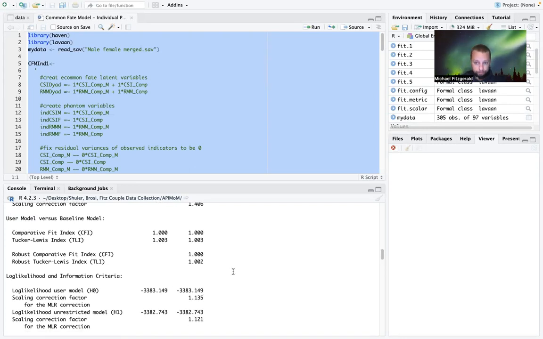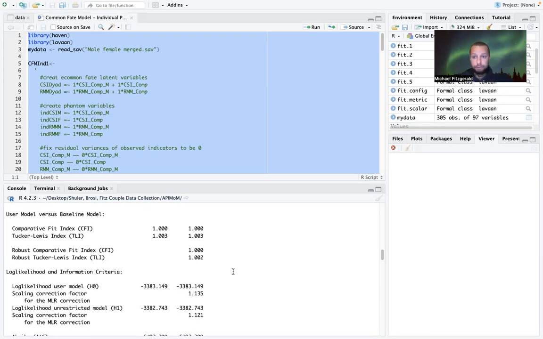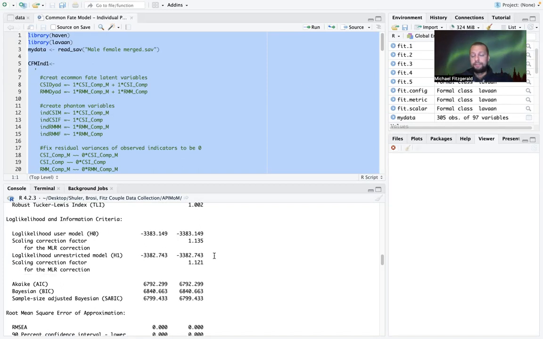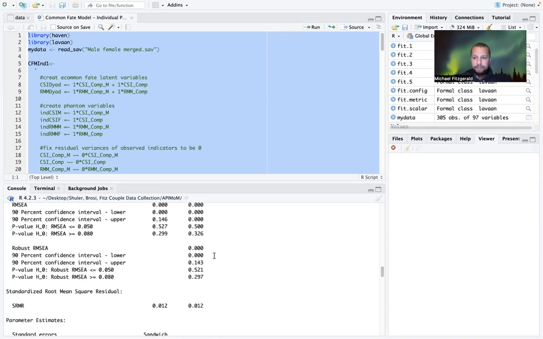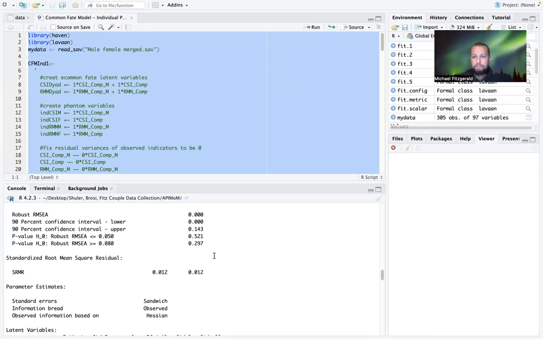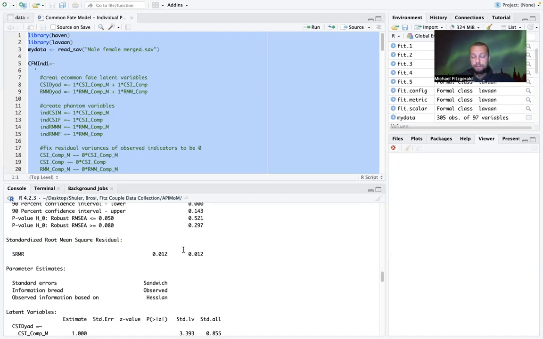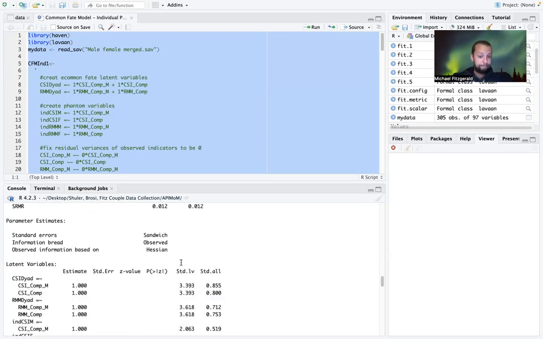The CFI generally behaves fairly well in these models. You'll almost always get something around 0.95 or above. Your TLI can be very finicky. I've seen it range in the 0.7s with models with 1 degree of freedom. And I've seen RMSEAs of 0.11, and SRMRs of 0.08 or 0.10 in these 1 degree of freedom models. So really take it with a grain of salt and consult your residual matrix and all those other ways of evaluating model data fit.